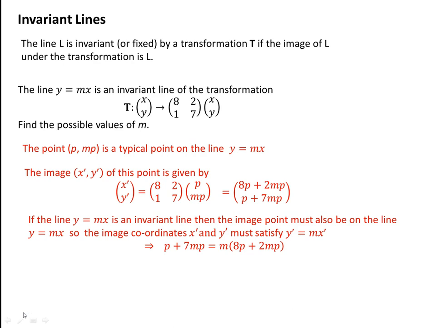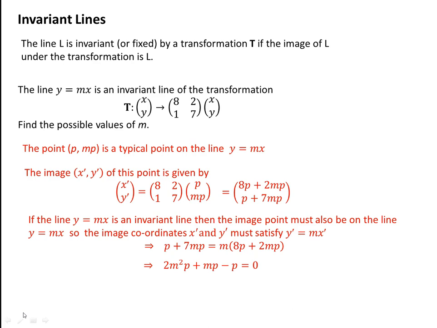So we've got p plus 7mp must equal m times 8p plus 2mp. In other words, p plus 7mp equals 8mp plus 2m squared p.